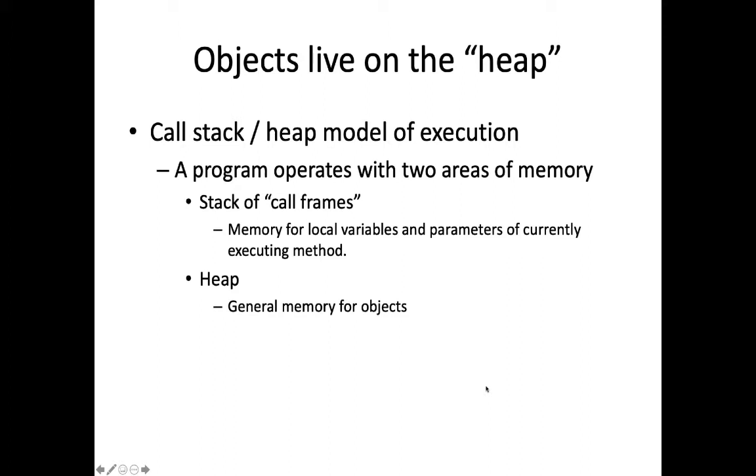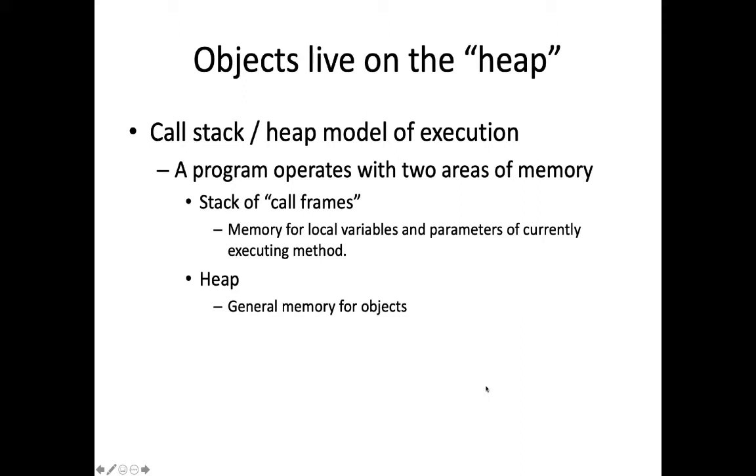As we execute our program, wherever we use or need local variables, we get them from the call frame, which maintains essentially a table of local variables and their values. Now, the value types, which are represented just by a value, not an object in memory, are kept in the call frame as part of that table.